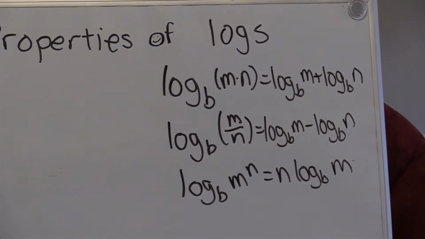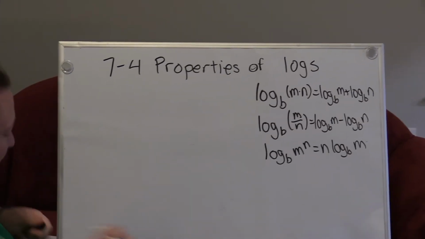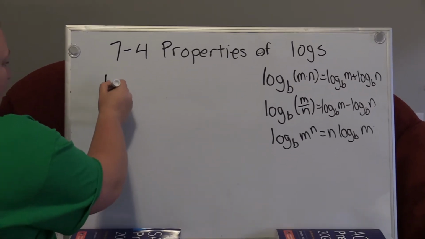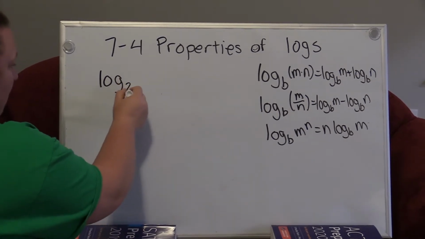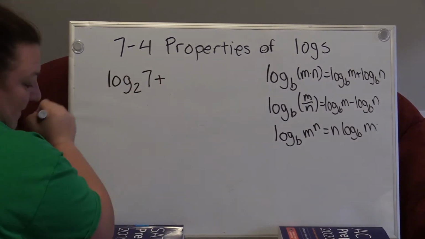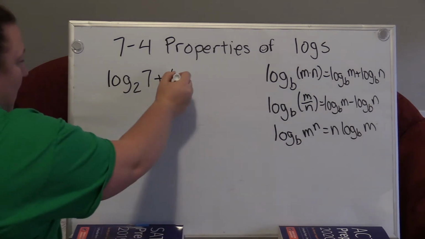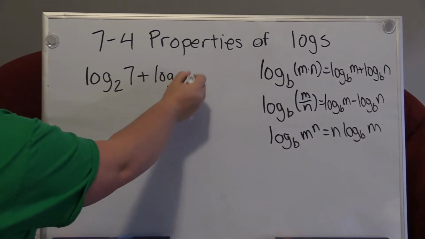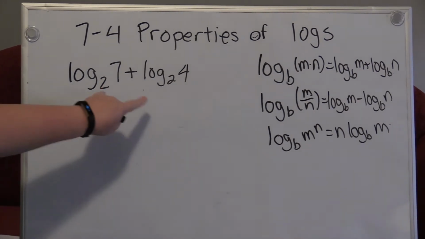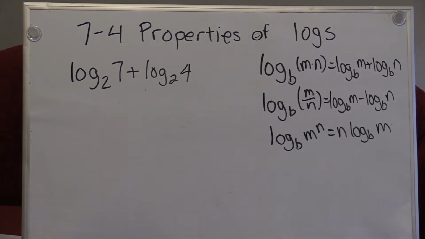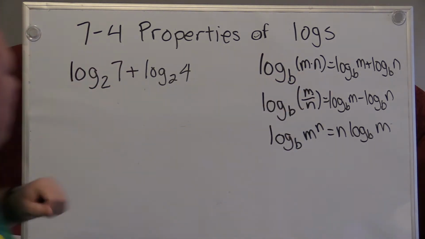Now let's practice. So if I have the log base 2 of 7 plus the log base 2 of 4, in order to condense them into one log, we must multiply.